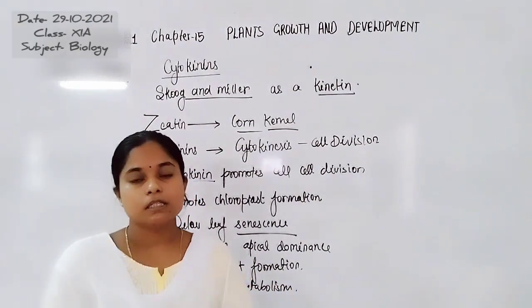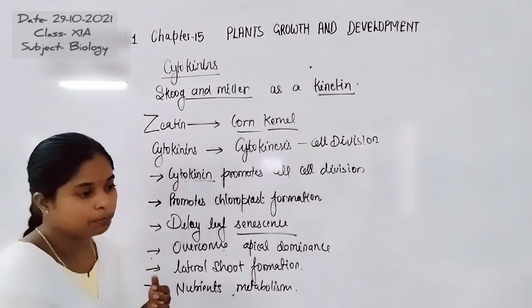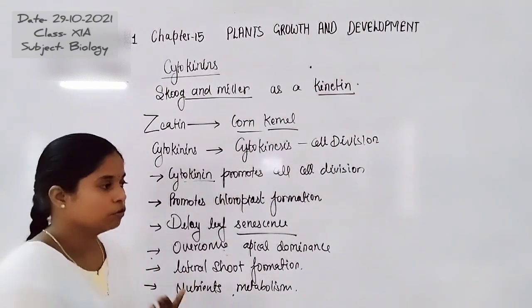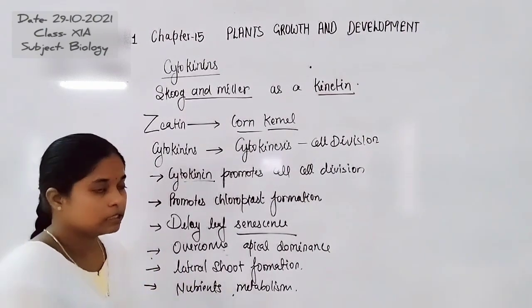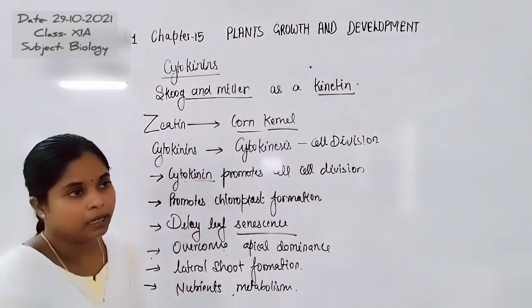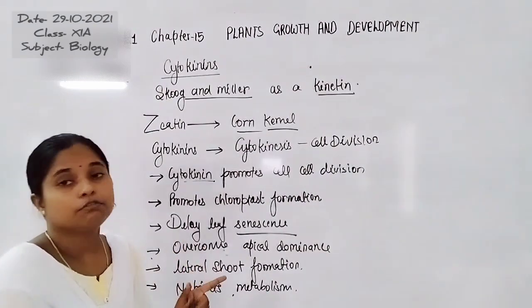Now, gibberellic acid also induces parthenocarpic fruit formation, like auxin, because Gibberella fujikuroi, which forms a gibberellic acid-like substance, causes an increase in the length of the plant but does not induce the formation of seed. They inhibit the formation of seed.